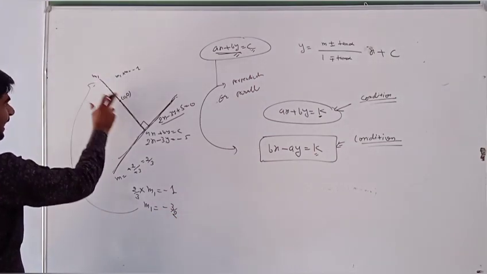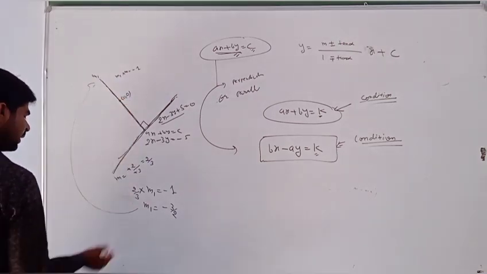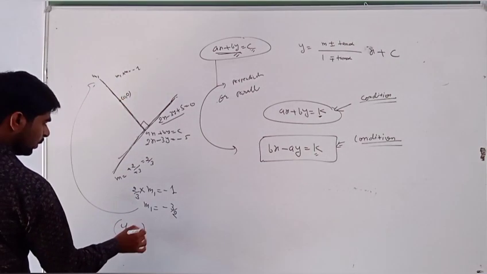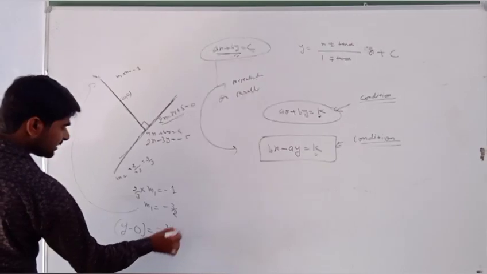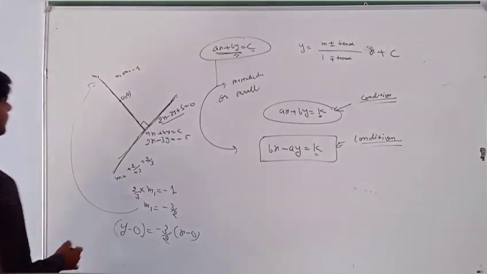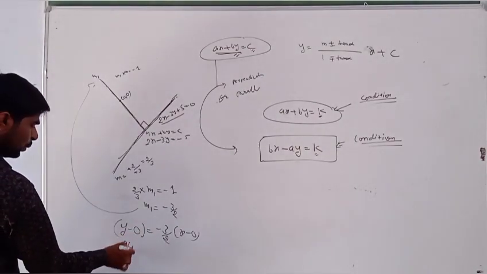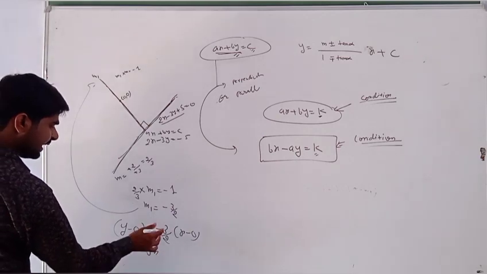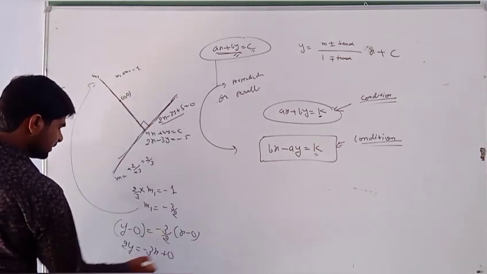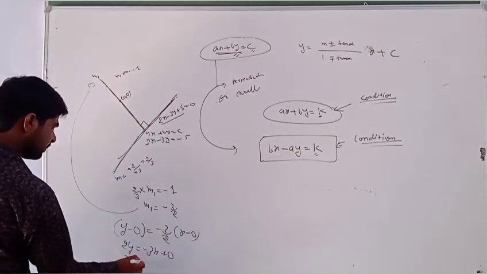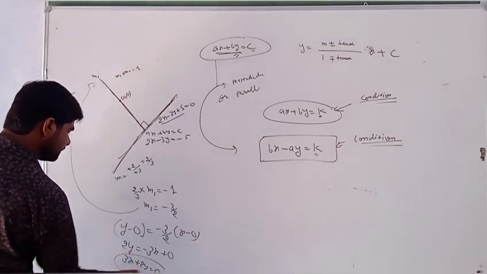So m1 is here and the point is (0, 0). So you can find y minus 0 equals minus 3/2 into x minus 0. The answer will be 2y plus 3x equals 0. It will be 3x plus 2y equals 0.